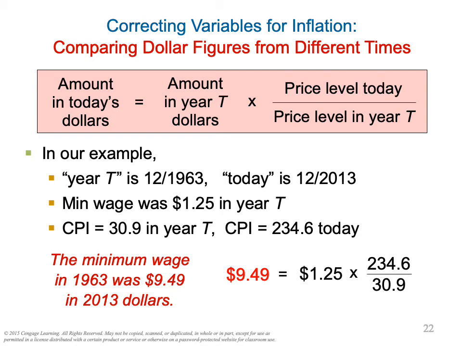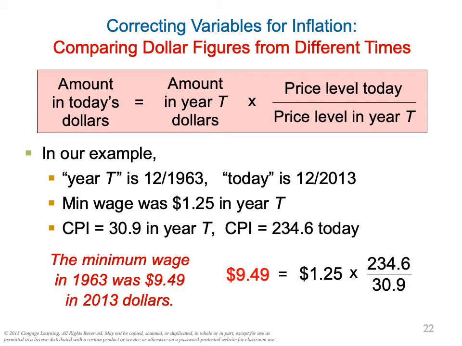And what you have is $9.49. So what does this mean? It means that minimum wage in 1963 is worth almost $9.50 in 2013 dollars. All right, so what does that tell you then about minimum wage in 2013?